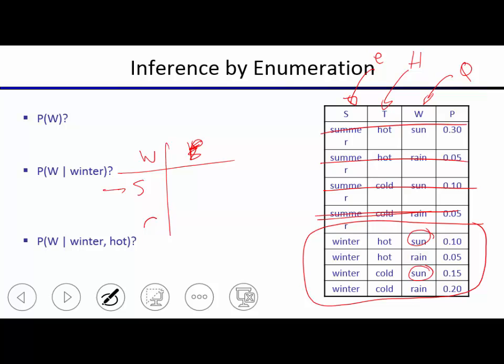We sum both of those entries together, 0.25. Then we do the same thing for rain. That sums to also 0.25. Now we normalize. The normalization factor Z is 0.5, which is the sum of 0.25 and 0.25. We divide by Z, and we end up with our conditional table with entries of 0.5 and 0.5.